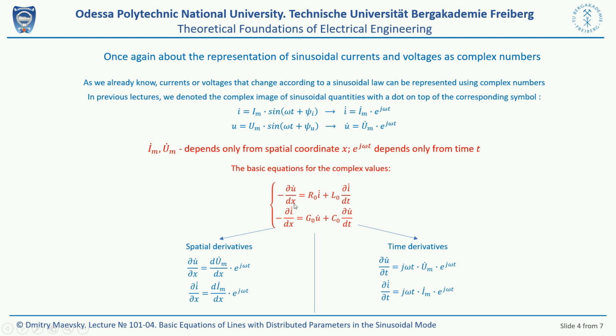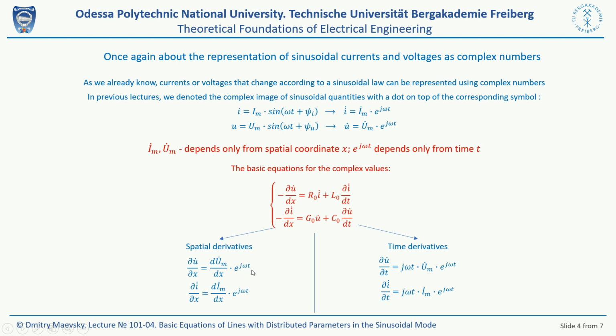Indeed, finding the partial derivative of the complex of the instantaneous value of the voltage, we must write the product of the total derivative of the complex of the amplitude value by the rotation factor.